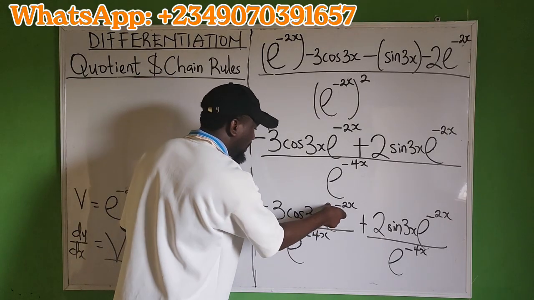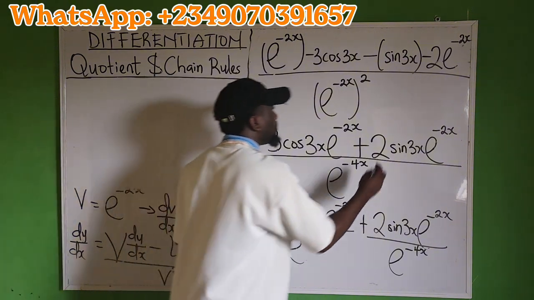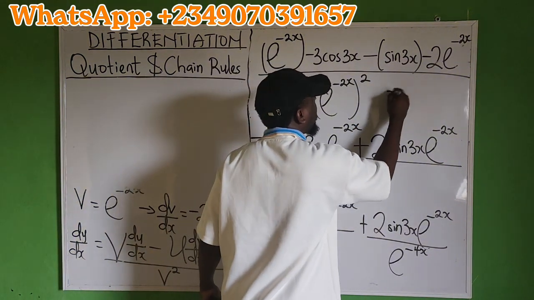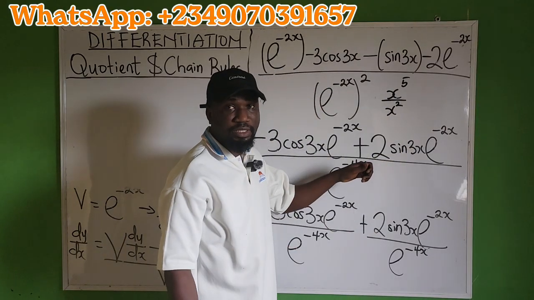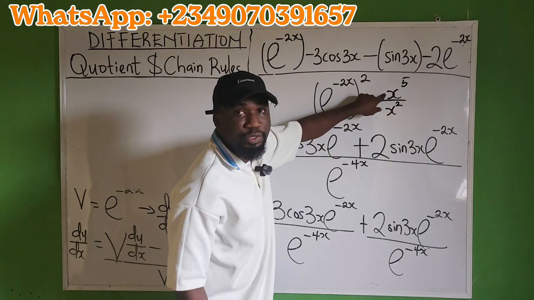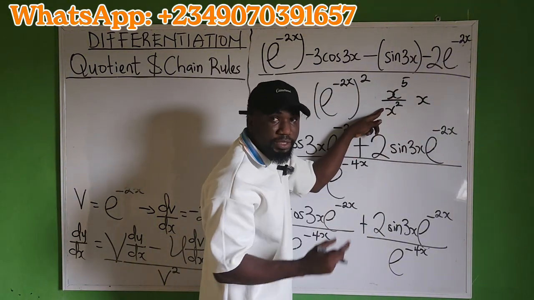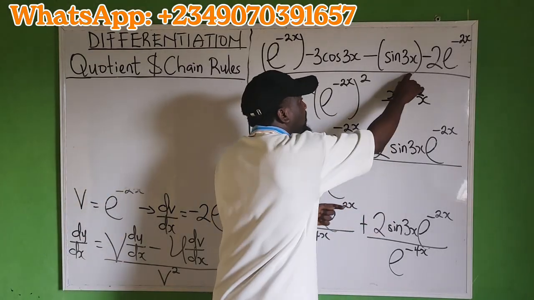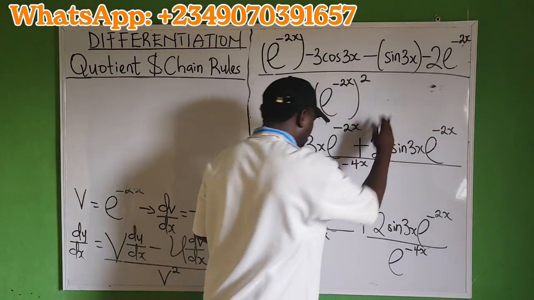We have exponential here, we have exponential here. If I have, let's say, x raised to power 5 divided by x raised to power 2, apply the law of indices. Pick one of the bases, which is x. Then you subtract the powers. When it is division, you subtract the powers. So 5 minus 2 is 3.